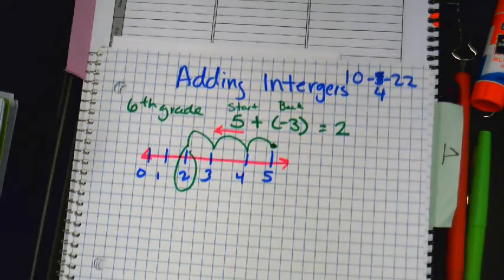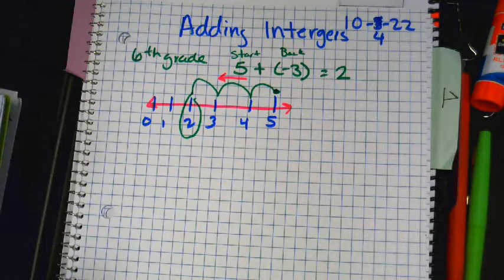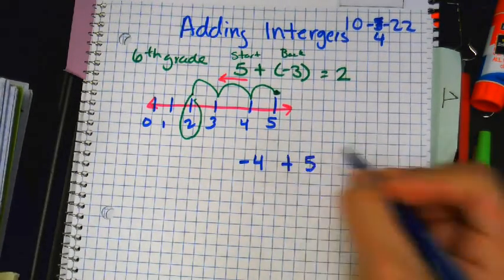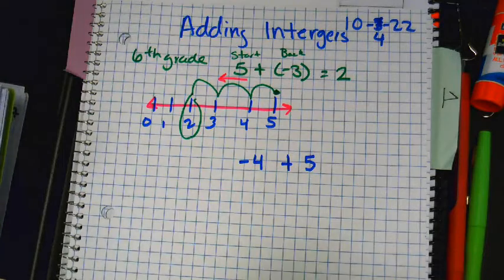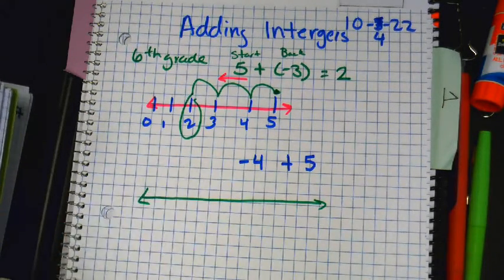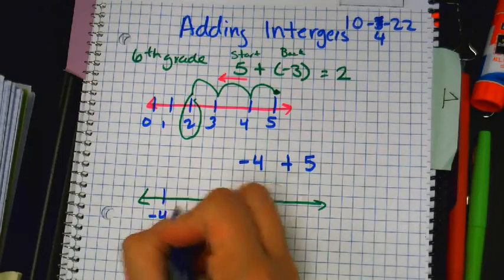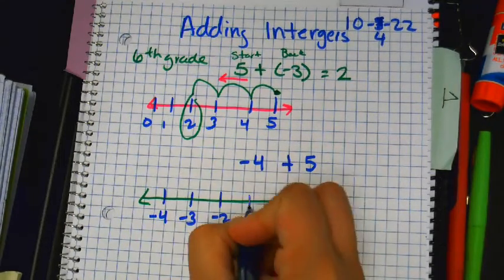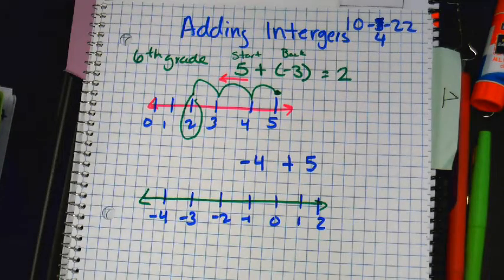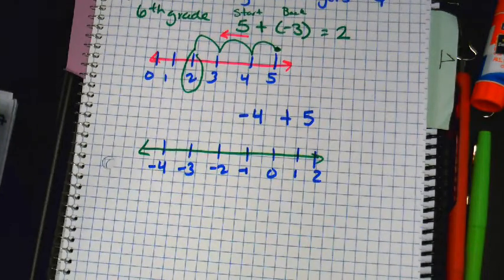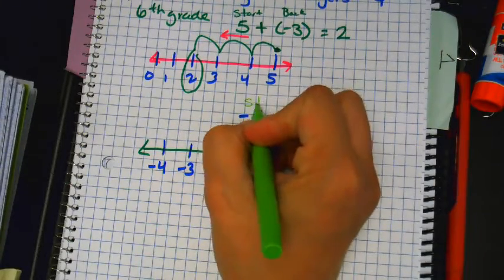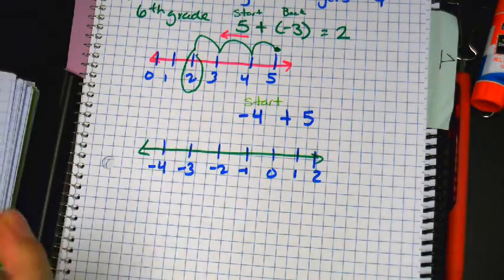3 hops. What if, from 6th grade, I start at -4 plus 5, right? We're going to draw the number line. So we go -4, -3, -2, -1, 0, 1, 2, right? The first number is where you start, so I'm going to start at -4.